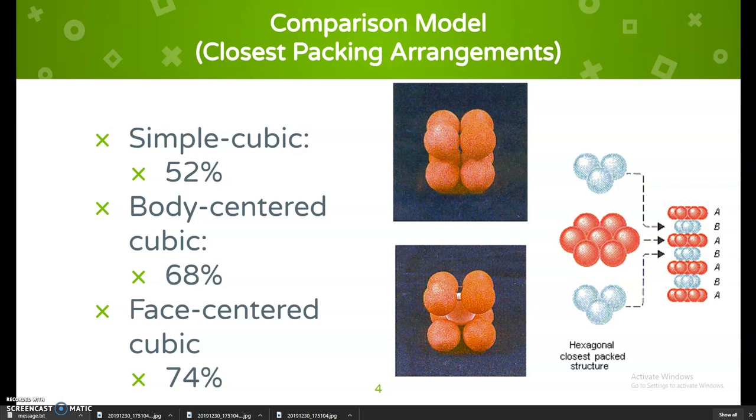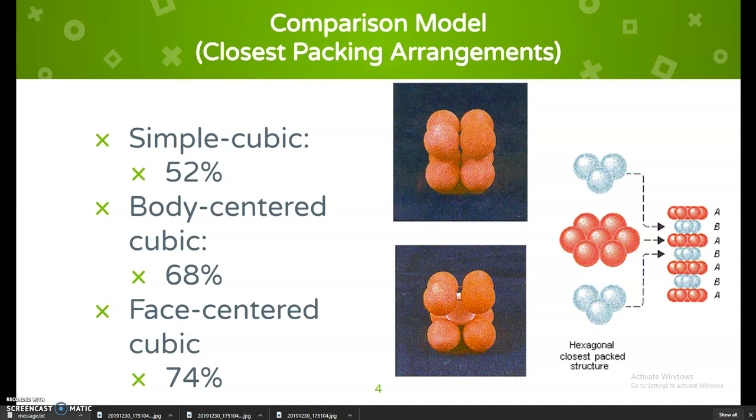The name body-centered cubic comes from the fact that there's a center atom, and the 8 other atoms around it form a cube around this center atom. The result after adding this all together is the picture you see in the bottom left, and this allows a 68% efficiency for closest packing arrangements.